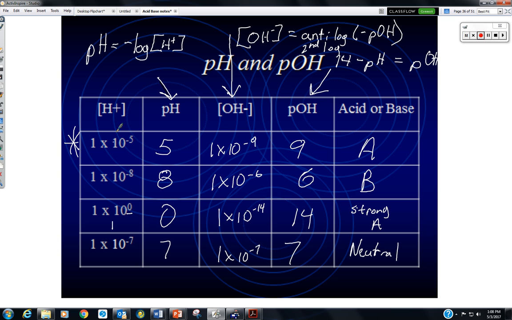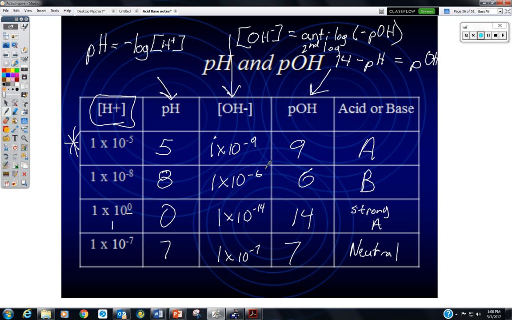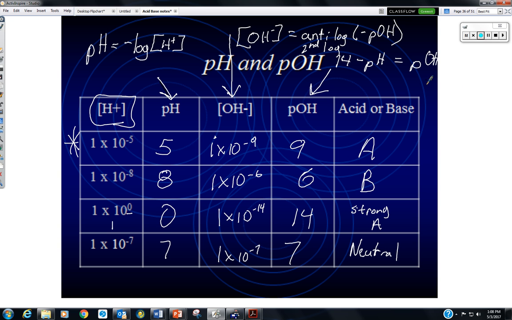Now I want to come back to this one and just show you another route. We were given the concentration of hydrogen here, and let's just say that we wanted to know OH. The other route that we could have taken is using our final formula. We could have used that concentration of H plus times OH equals 1 times 10 to the negative 14.